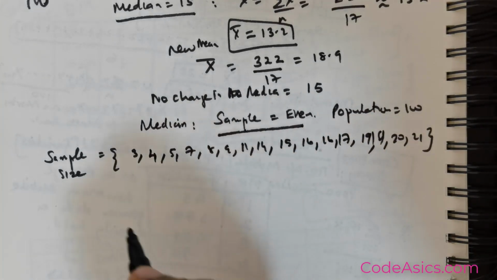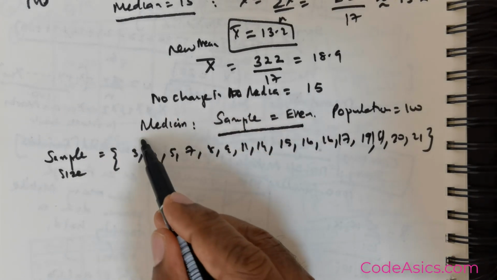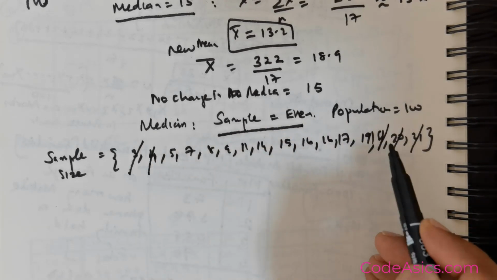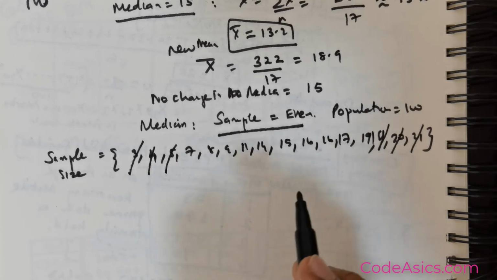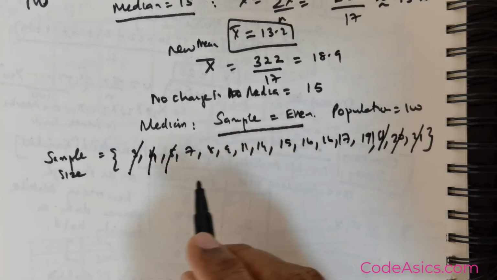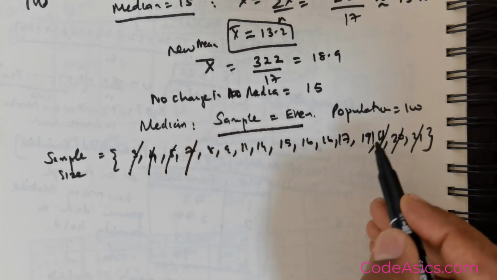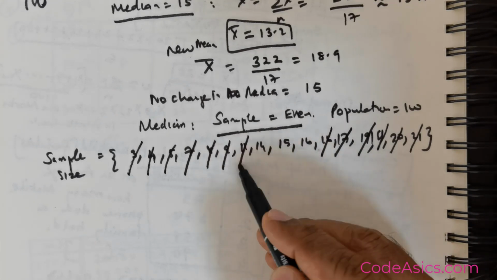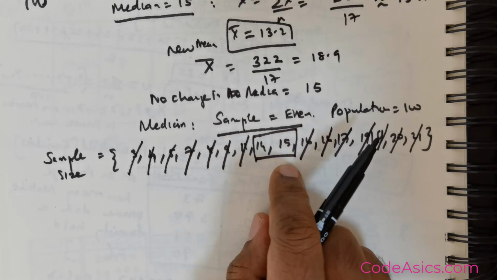Now if you want to obtain the median, what you need to do, as I mentioned to you, is strike this off, this off, this off, this off. That's the usual way we do it, right? That is applicable for an odd number of entries. So in this case you've got 16 entries. So if you were to continue like that, 19, 19, 17, 17, 9, 16, 11, 16, now you are ending up with 2 entries, 14 and 15.